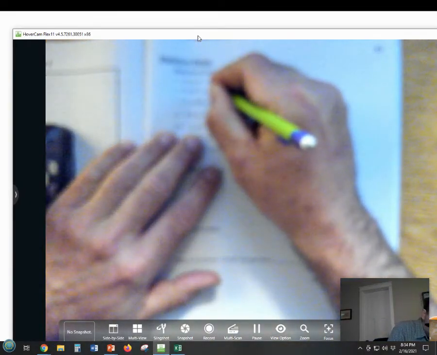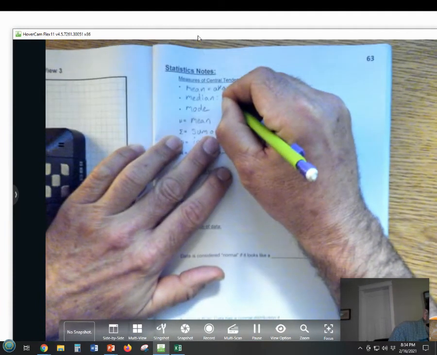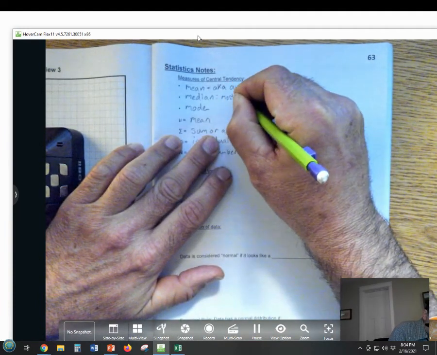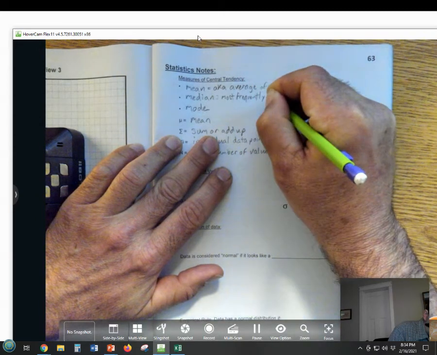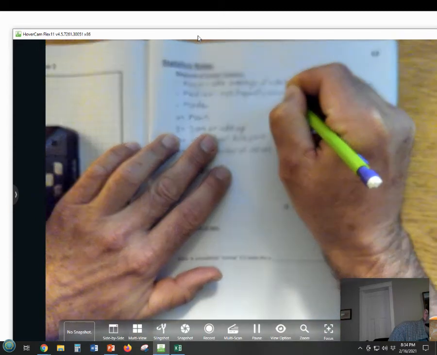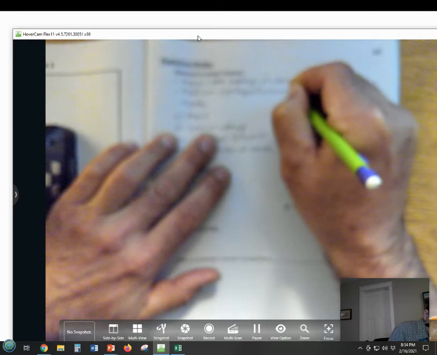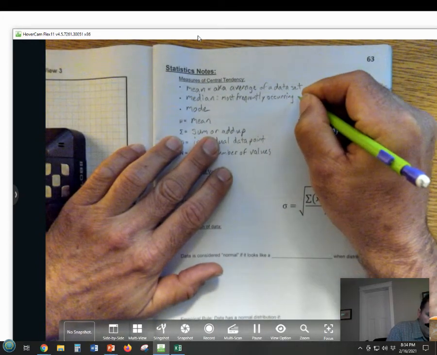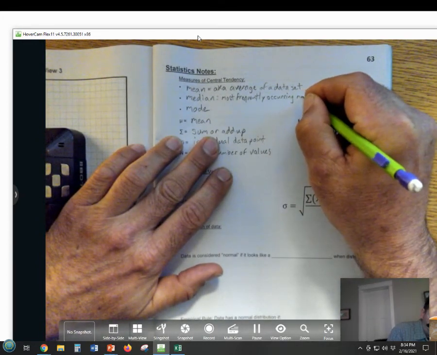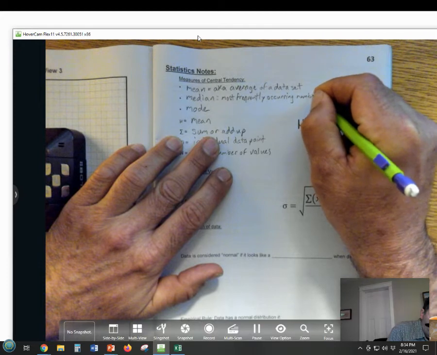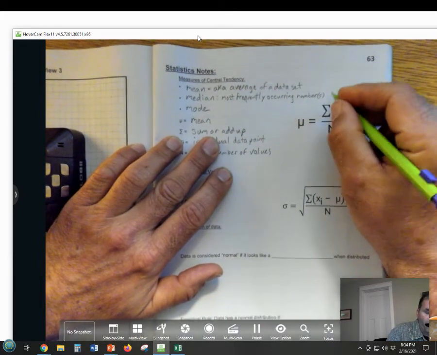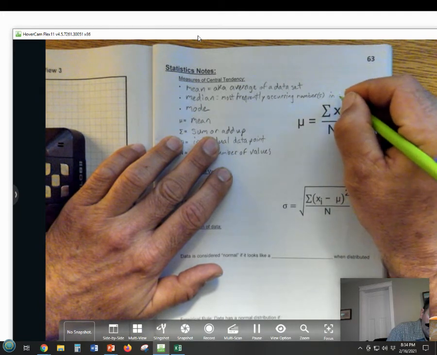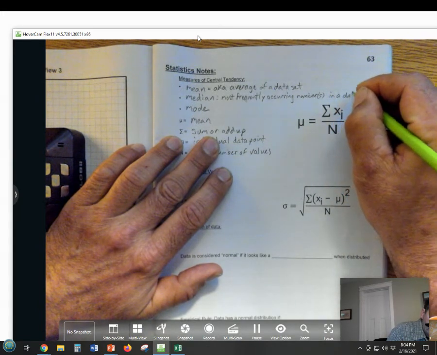The mode is the most frequently occurring number, and then we can put in parentheses a little s, because sometimes there's more than one in a data set.